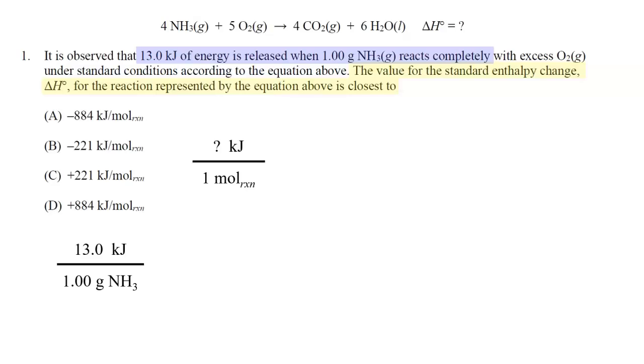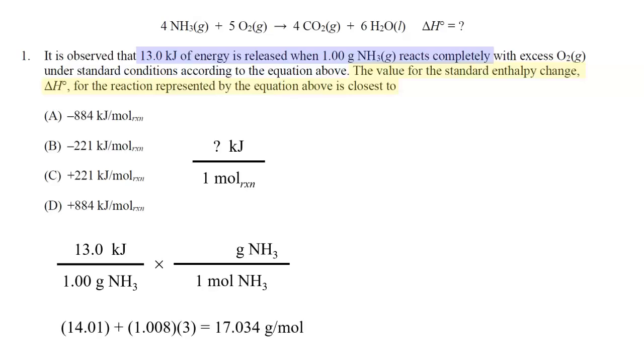So I'll calculate the molar mass of NH3 using the information on the periodic table. And so for the atomic masses of nitrogen and hydrogen, it's 14.01 for nitrogen, 1.008 for hydrogen times 3. And so the molar mass of NH3, or ammonia, is 17.034.